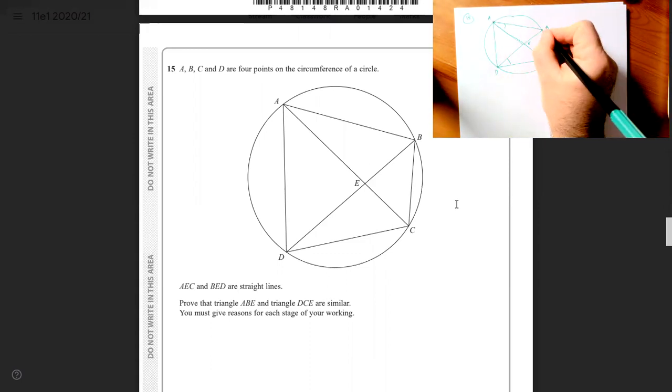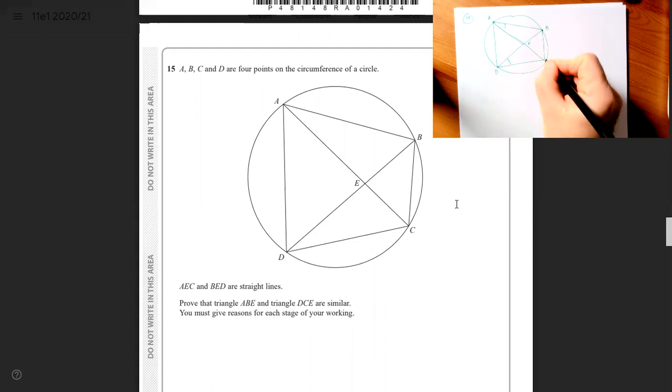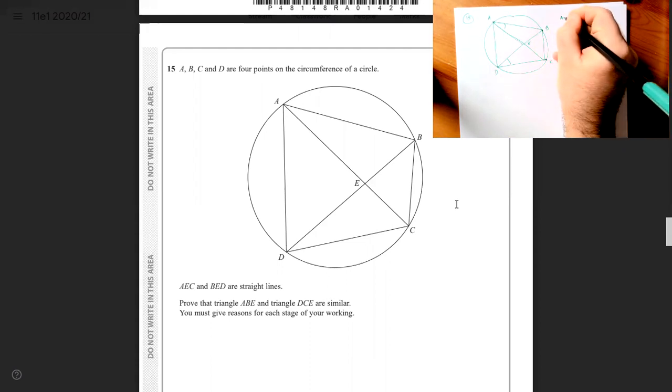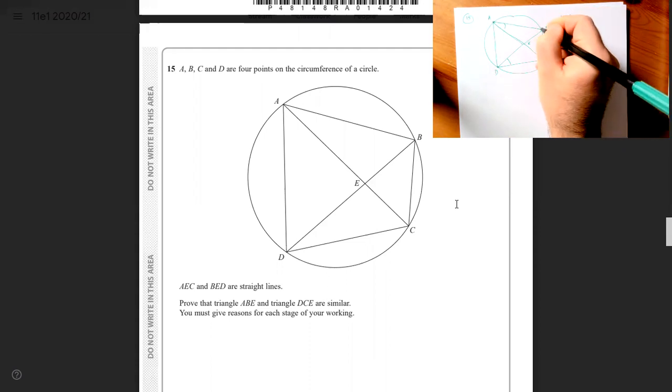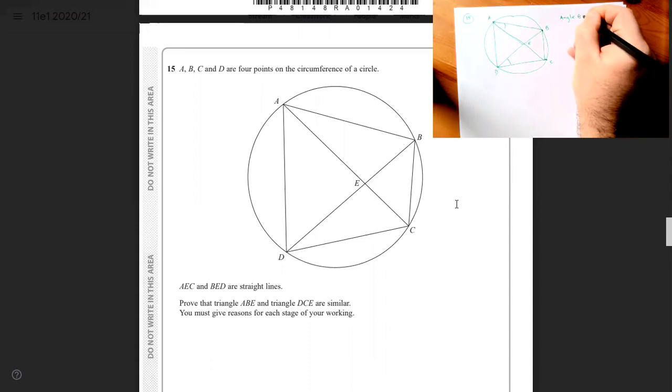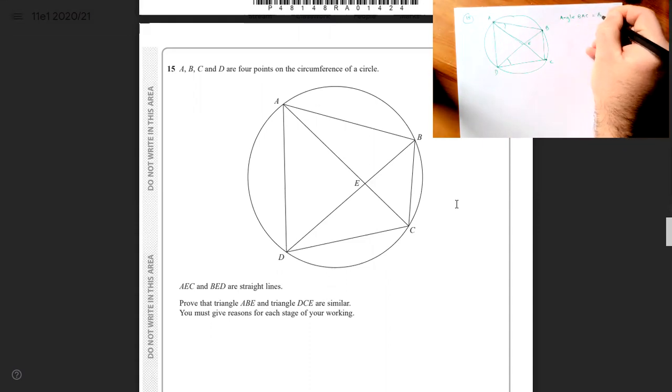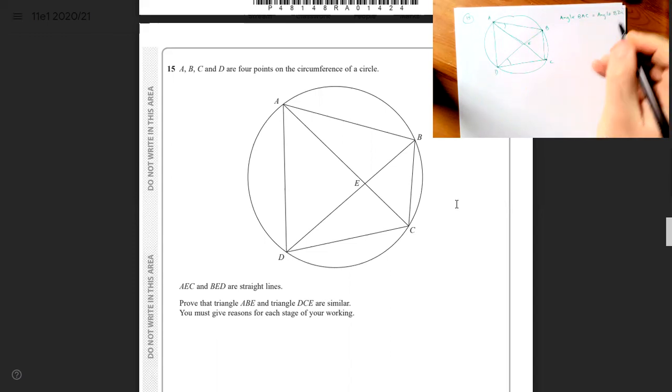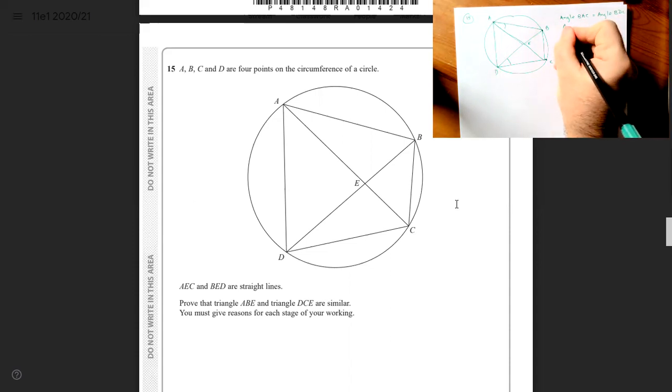As they both come from BC, angle BAC equals angle BDC. And what reason are we going to use? Angles in the same segment are equal.